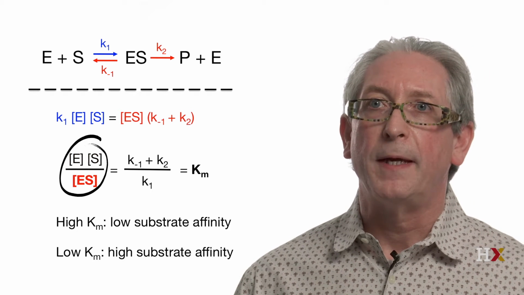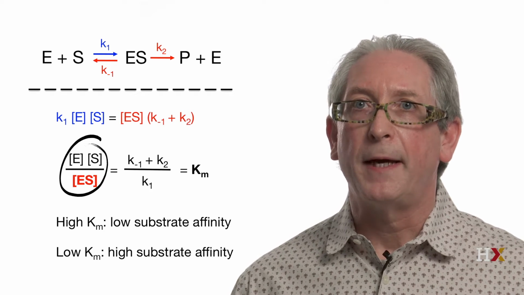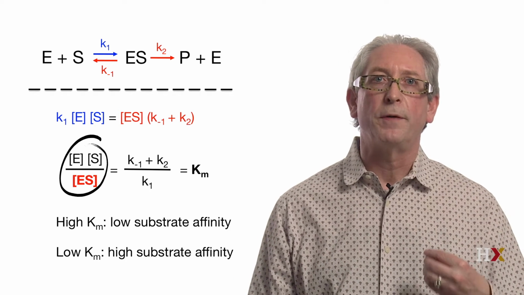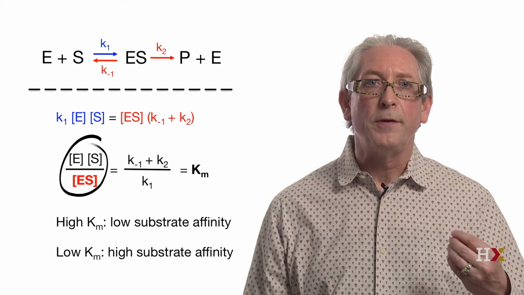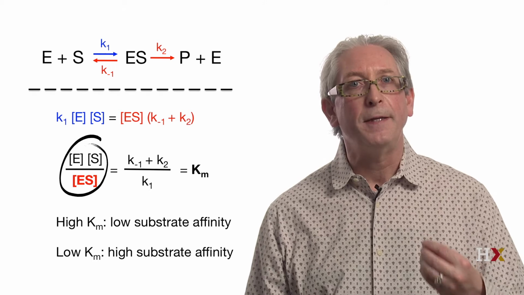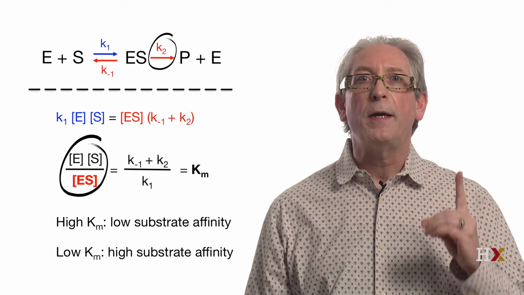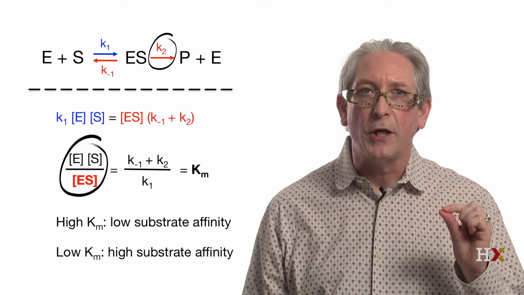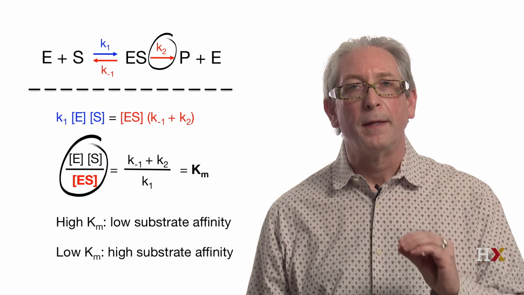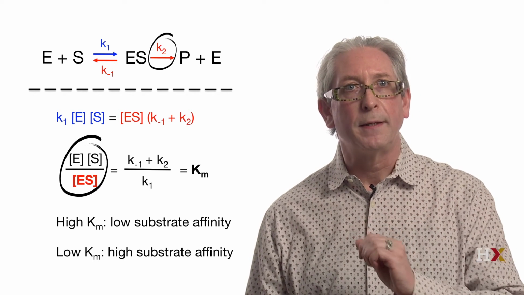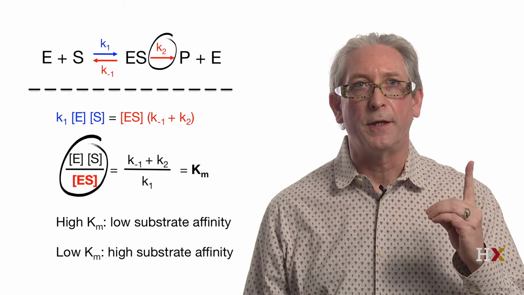Now, if Km is low, that means that there is very little enzyme that is free, and the concentration of the enzyme-substrate complex is high, which suggests that under this condition, the enzyme has a high affinity for its substrate. However, it's very important to note that this correlation between high and low affinity of the enzyme for its substrate and high and low Km is true in only one condition.